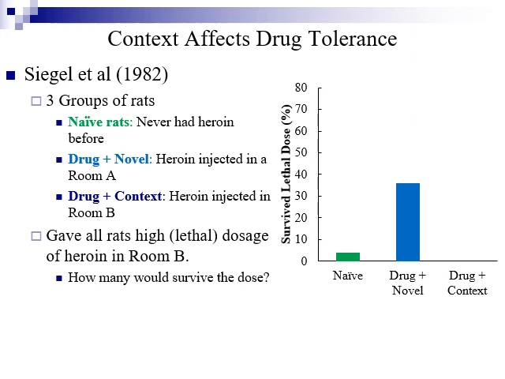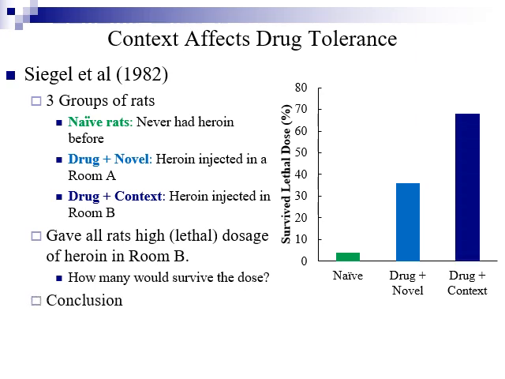So exposure to heroin in any context helped these rats survive a lethal dose. However, rats that were given the lethal dose in the same room, in the same context in which they had been taking heroin anyway, 70% of them survived.